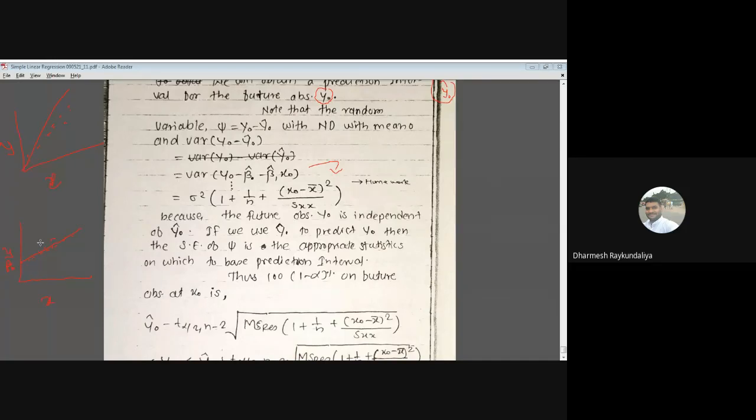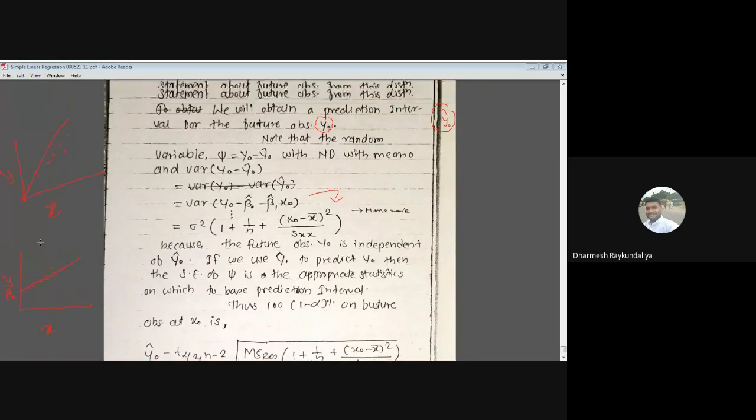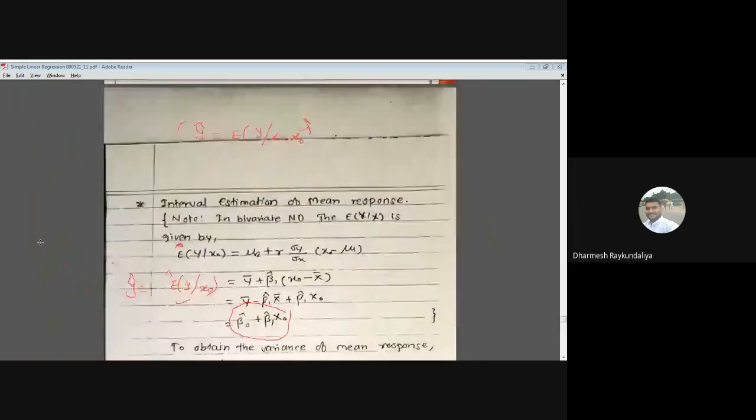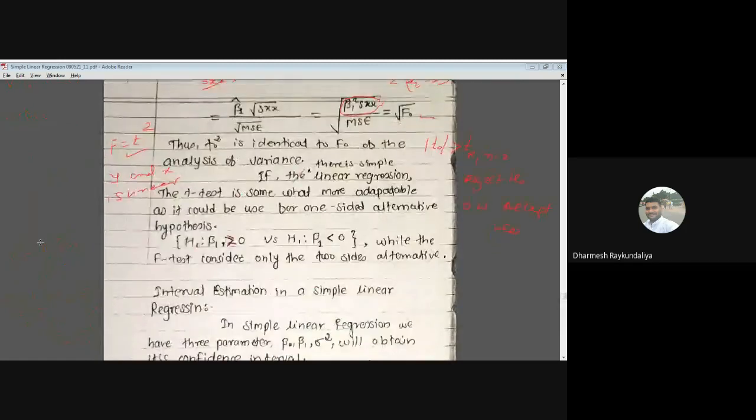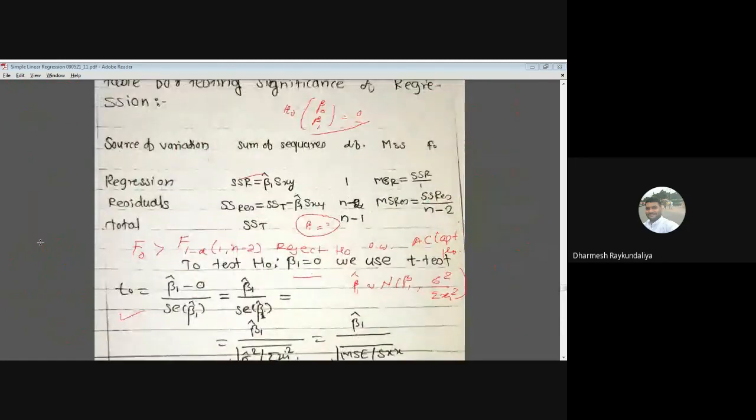Sigma square in bracket 1 by n plus... what will come? Or you can say that it is sigma square upon n plus sigma square upon Sxx, is it? तो ये सारे एमसीक्यू में ऐसे क्वेश्चंस रहेंगे.